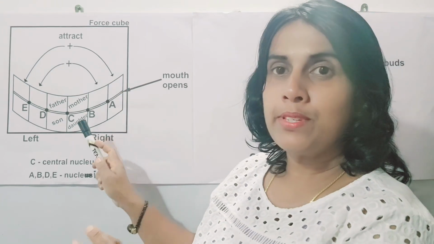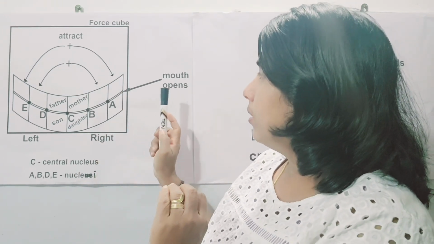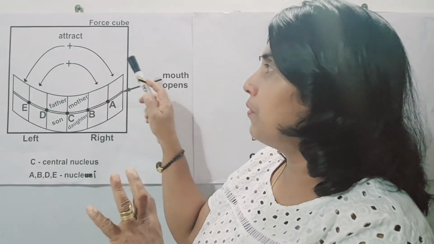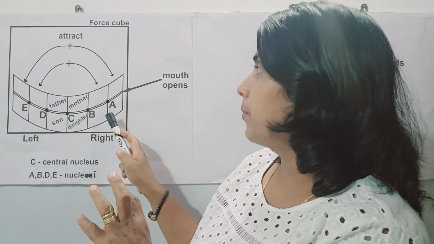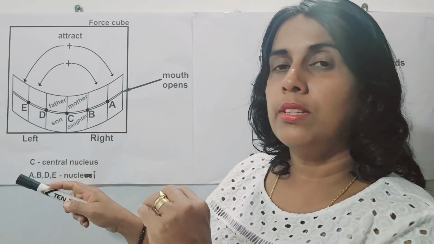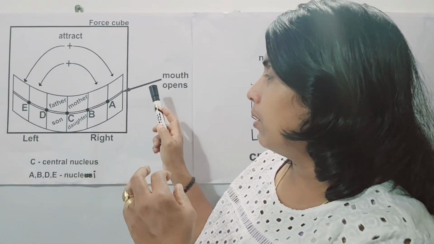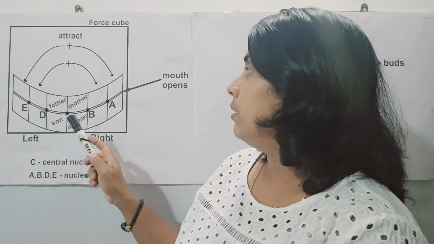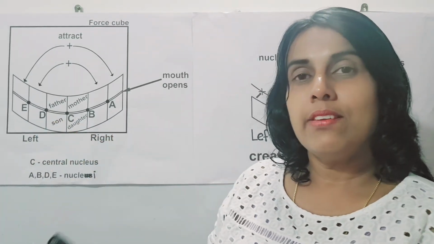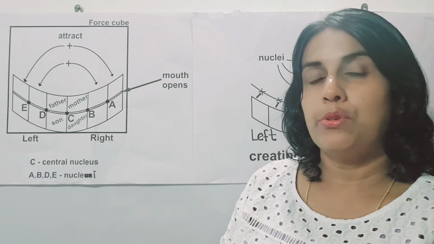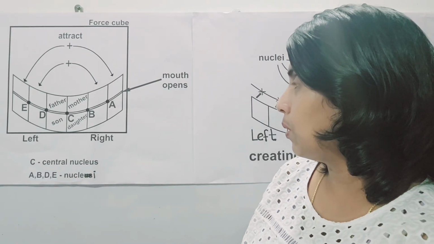As this arrangement is within the force cube, the first sphere, the large sphere, is also created. It doesn't stop, it is created repeatedly. Due to that creation, all these nuclei receive nuclear energy from the creation of the first sphere of the force cube.